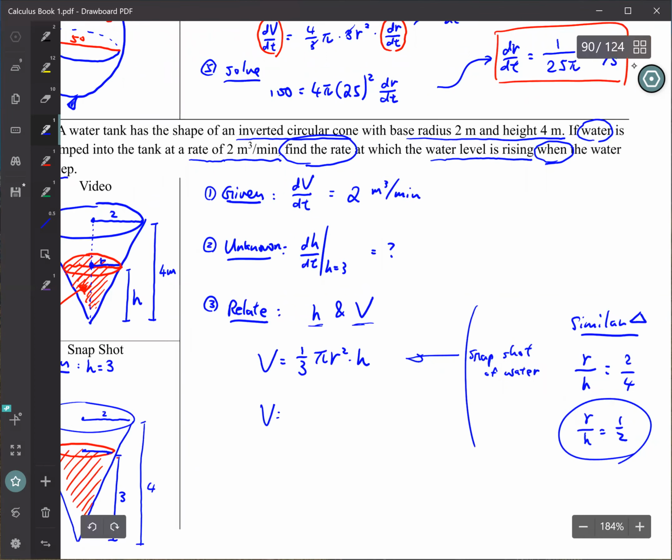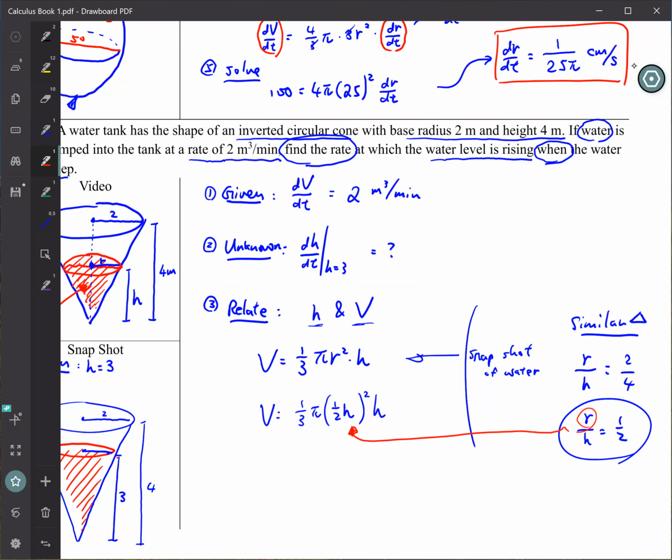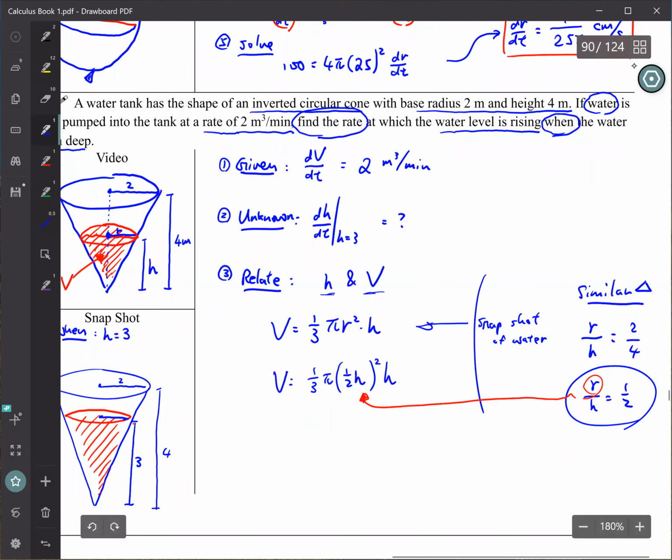So now we can go back in, right? 1/3 pi R squared H. So what do we put inside the R? Half R or half H. Half H, yes, okay? So using this, you can isolate the R, then replace it with the R, okay? So now we can simplify this a bit more.